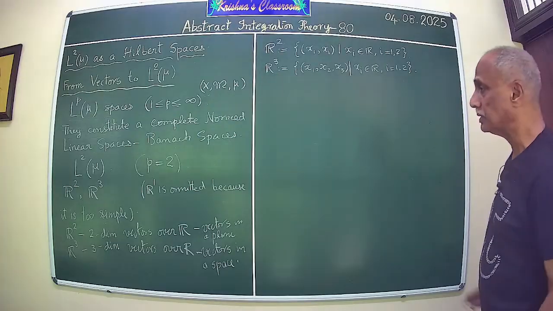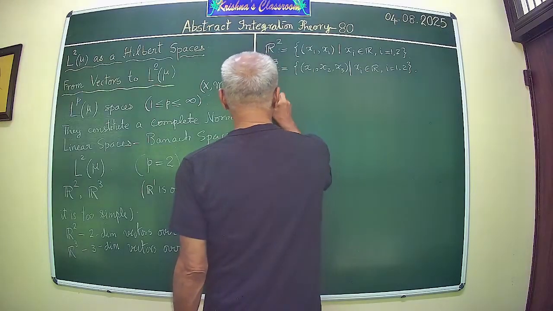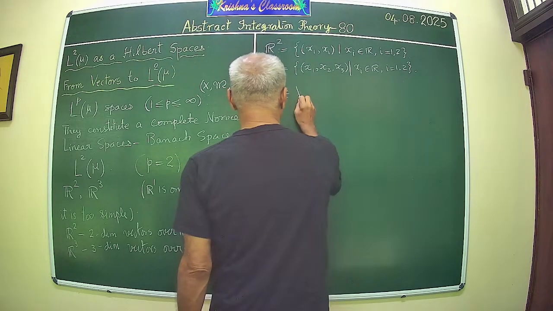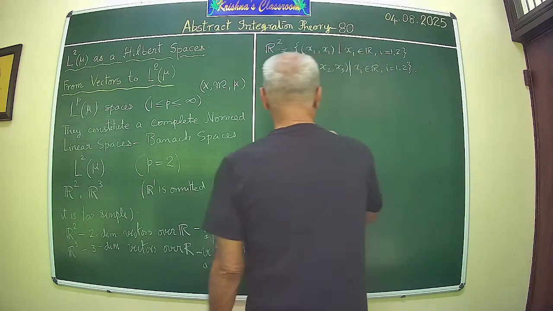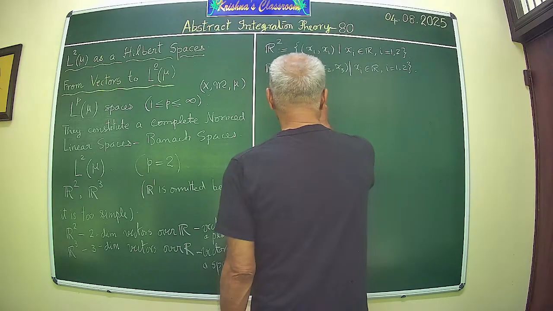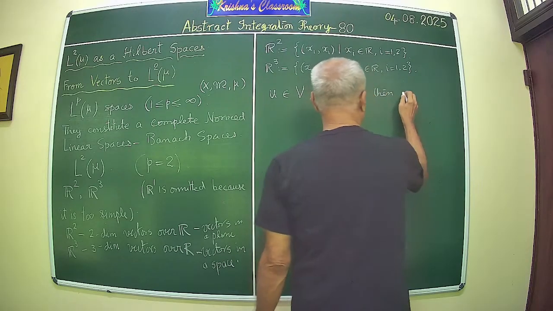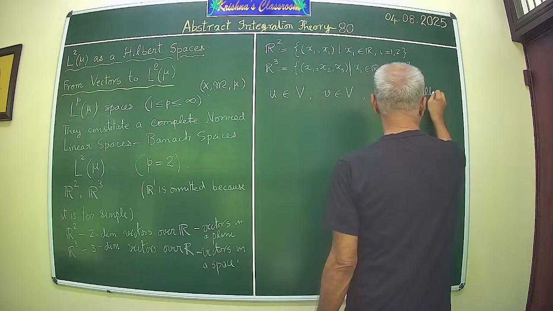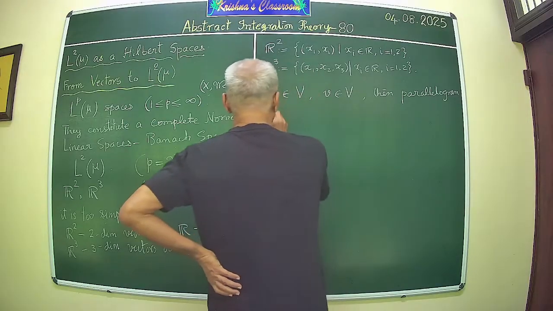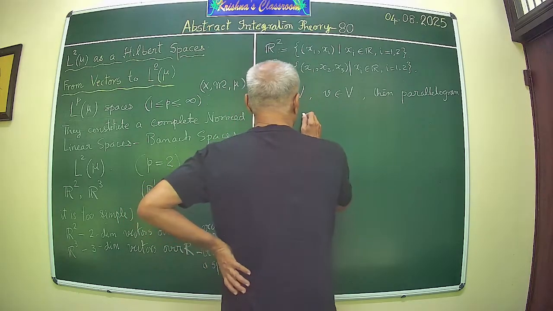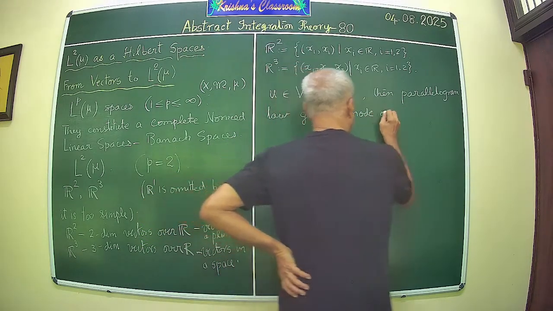Now you see, abstractly, if U is a vector, I am talking about vectors in R2 or R3, in a plane or in space, and V is another vector, then the parallelogram law gives a mode of addition of these vectors.